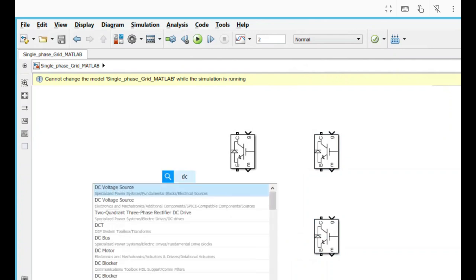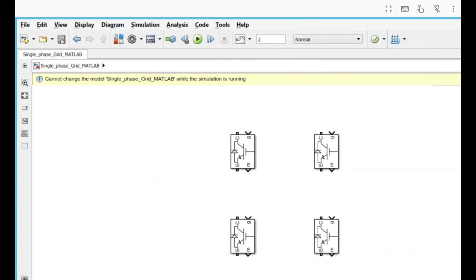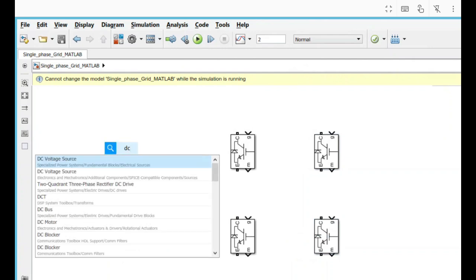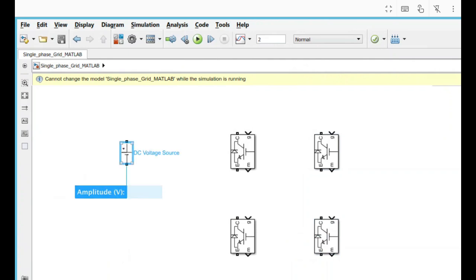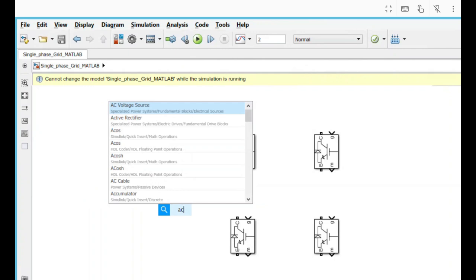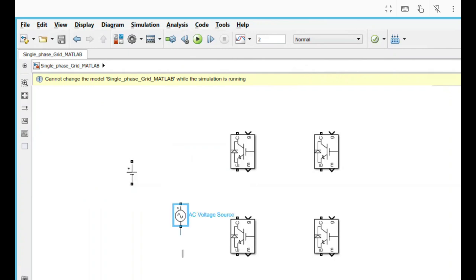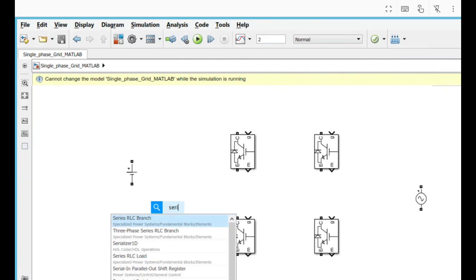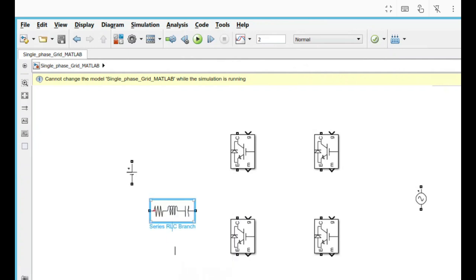So we have 4 switches, and we need a DC voltage source. Just left click on the screen with the mouse and type DC voltage source. Now you need an AC voltage source. So I type AC voltage source, and I need a series inductor, that is the filter inductor. For that I need a series RLC branch.